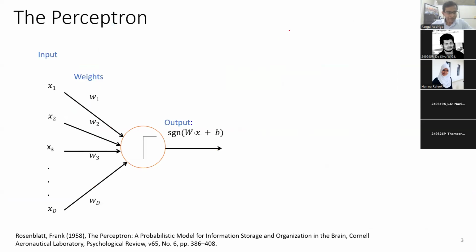Okay. Let's start with the so-called perceptron. This is the linear classifier, and we have x1 to xd. Well, d can be, for example, 3072. This is Rosenblatt's contribution, where you multiply x's with w's, and then you just get the sign. If it is positive, it's one class.